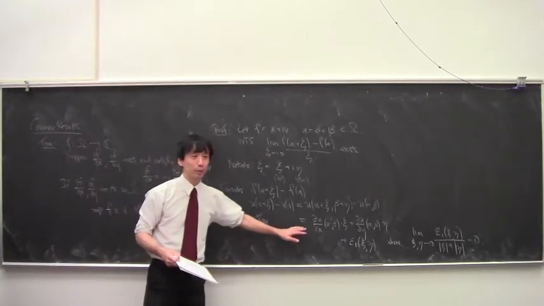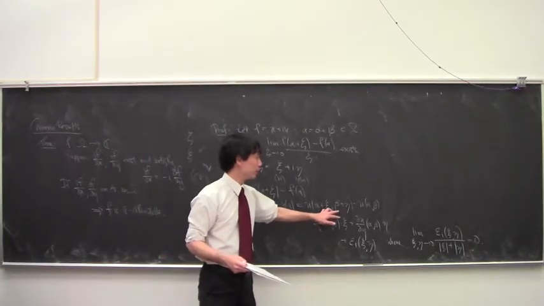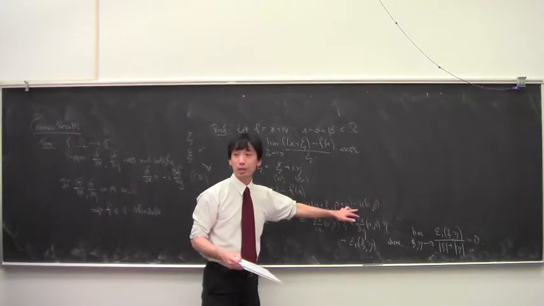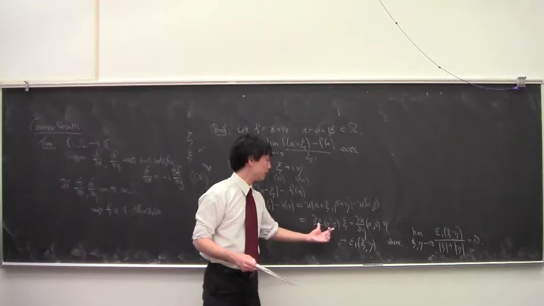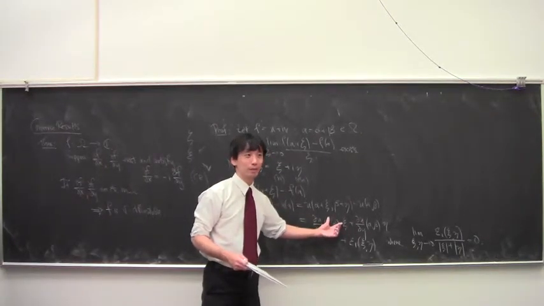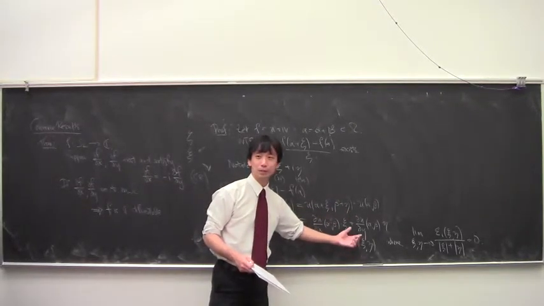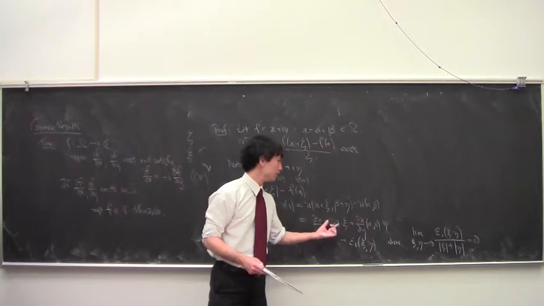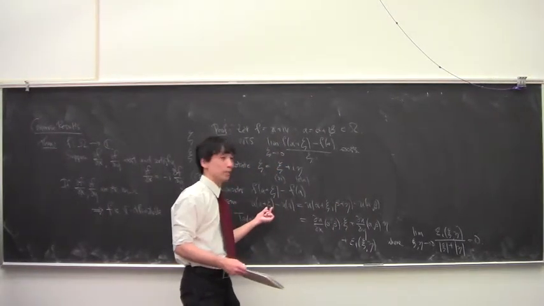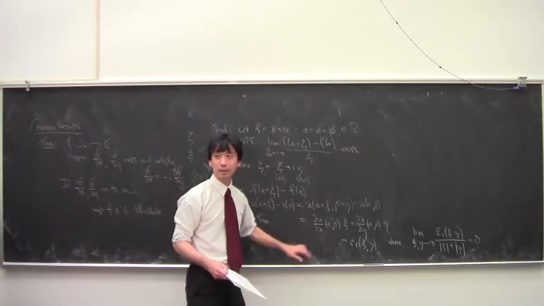Just think of your one variable Taylor theorem. You approximate the change with the derivative times the distance plus some error that vanishes as the change gets arbitrarily small. So that's all we're saying.